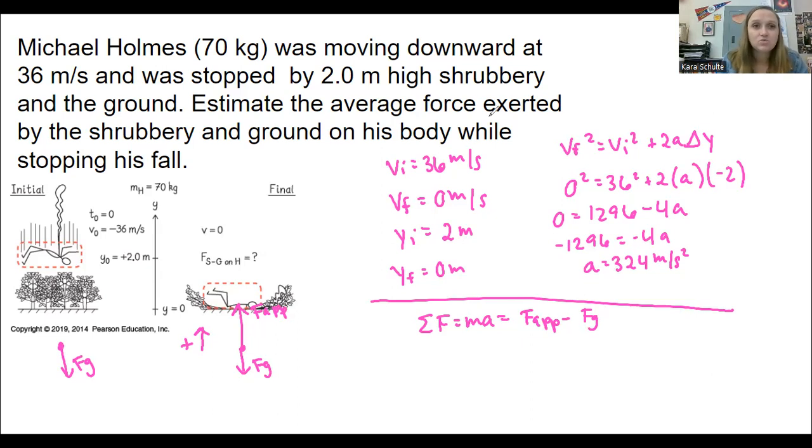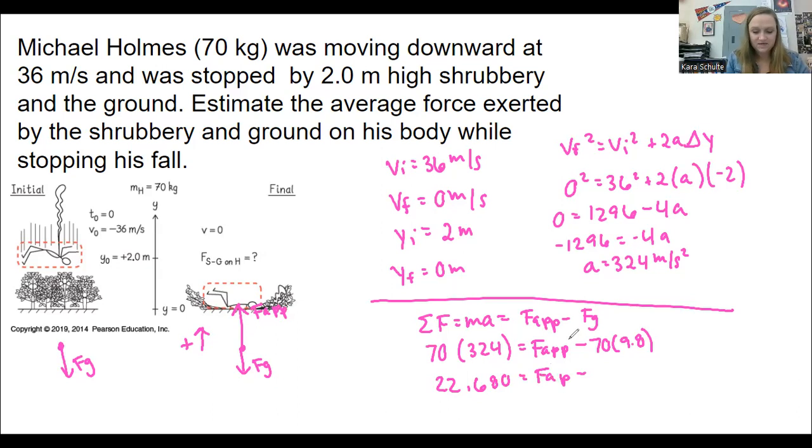His mass was 70 kilograms. So we've got a mass of 70. We've got an acceleration of 324. We don't know the applied force. That's what we're looking for. Minus his force gravity, because that's not part of the applied force. So 70 times 324 gives me 22,680.